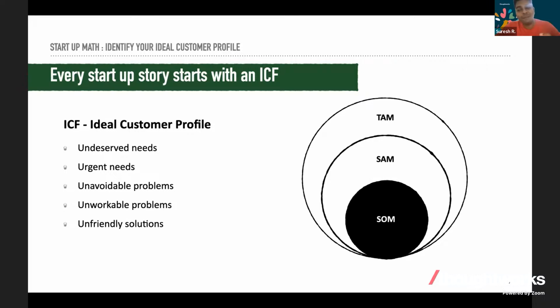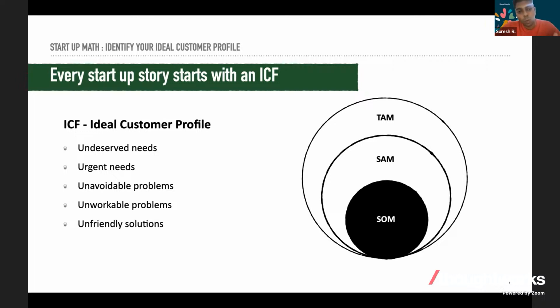But even within the immediate segment of customers that we would be able to capture, there is an ideal customer profile, or what we call personas in product management. So when we build a persona for our product, we would like to know what are the different needs and problems that the customer profile has and how we're going to address it.